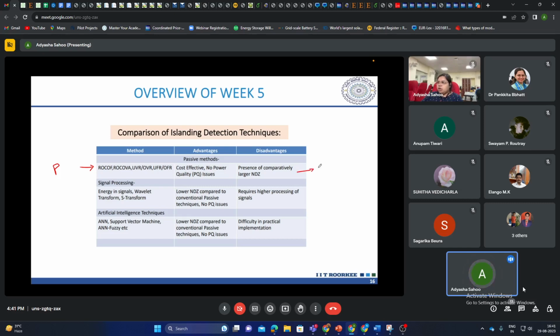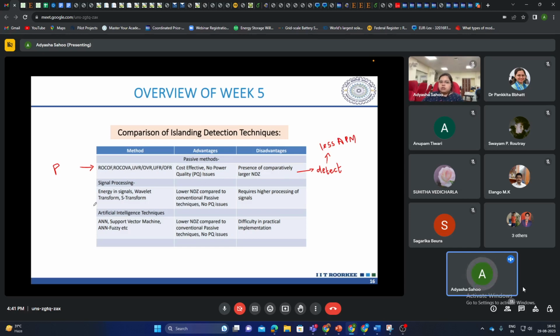So it may happen that we are not able to detect the islanded condition under certain mismatch conditions, or when we have less active or reactive power mismatch, then we cannot detect the islanding condition with these kinds of techniques.